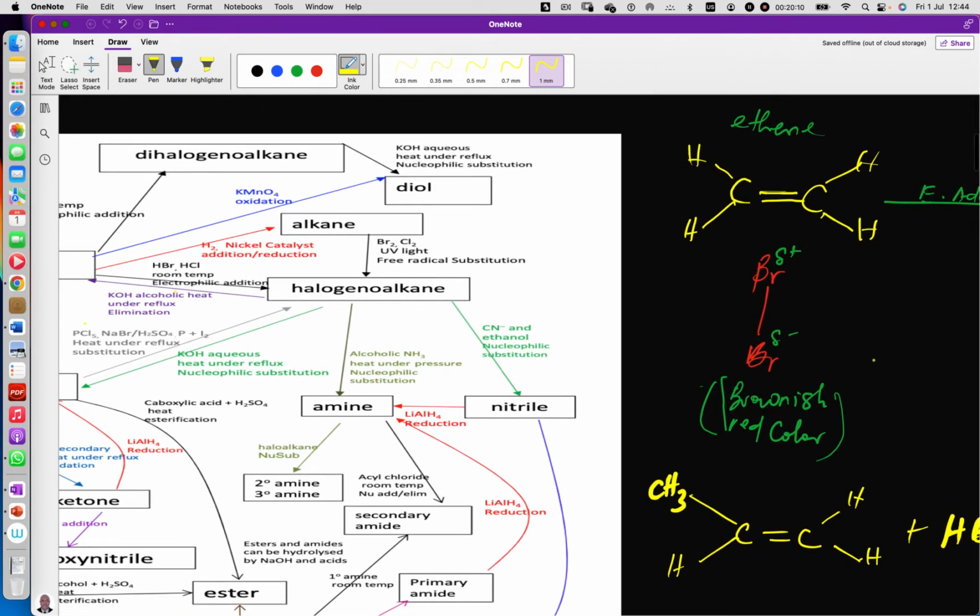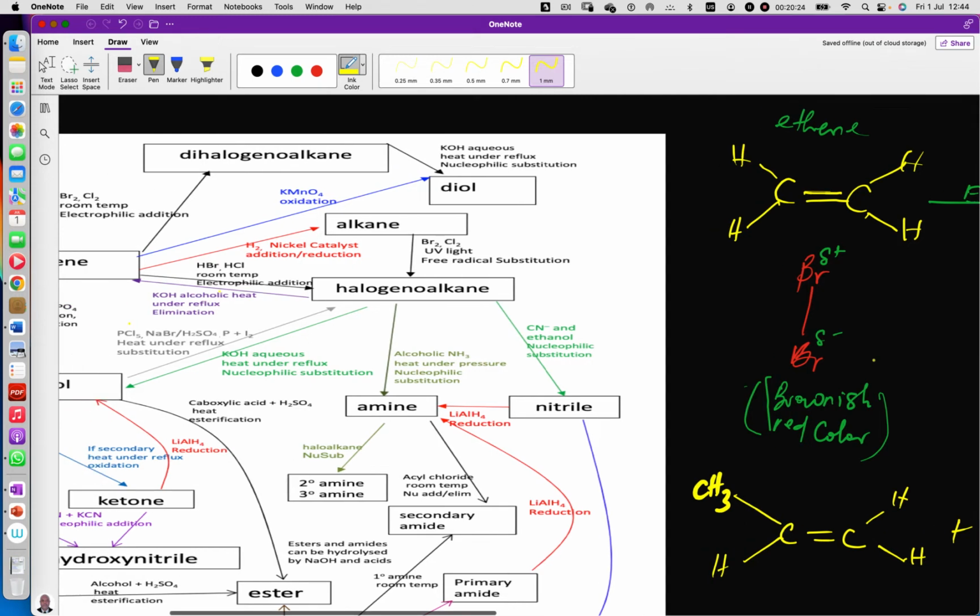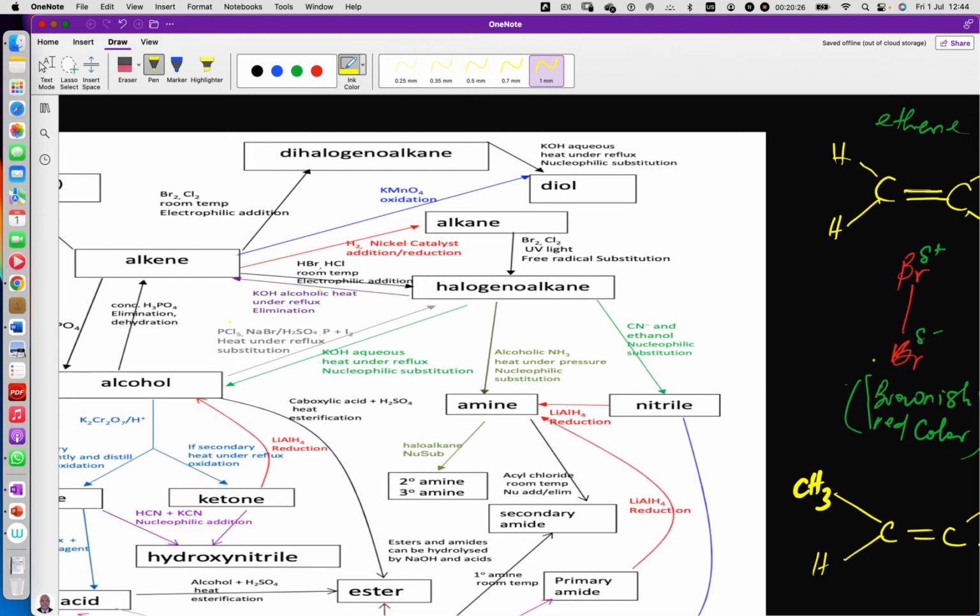So again, we are going to go to oxidation of alkenes. Alkenes are oxidized to different products depending on the conditions.